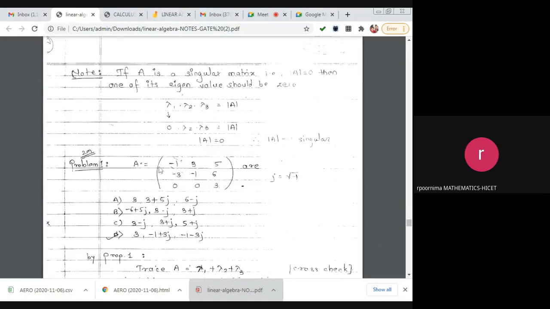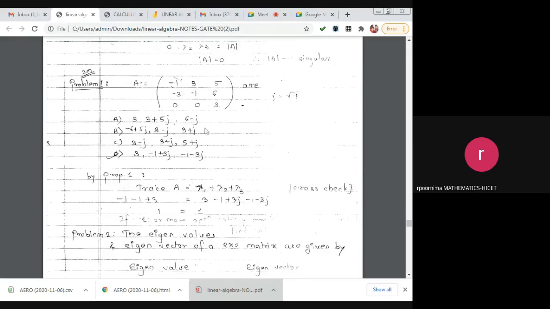Then for a problem where some matrix A is given and they ask you to find the eigenvalues, you need to find the trace of A, that is the sum of the diagonal elements. You add all these and equate, then try to find your eigenvalues.